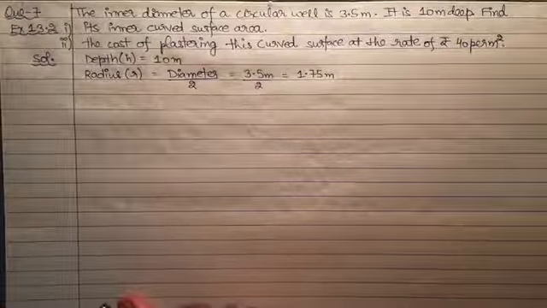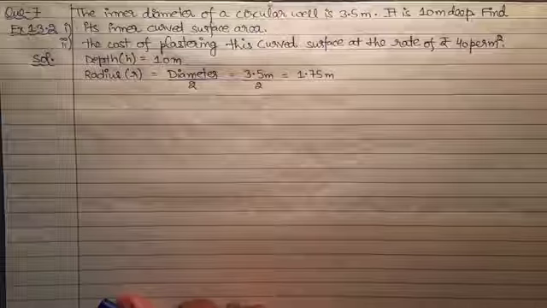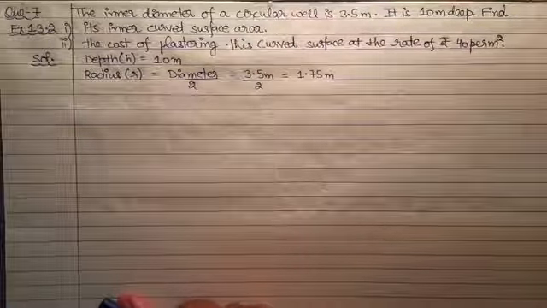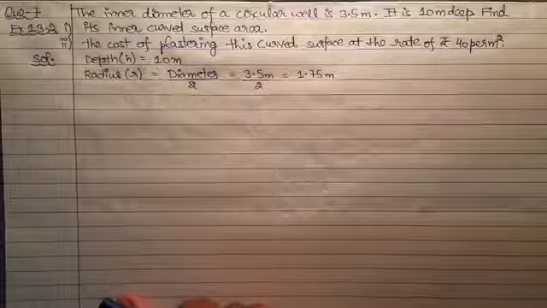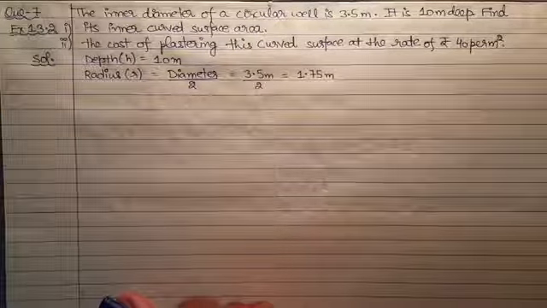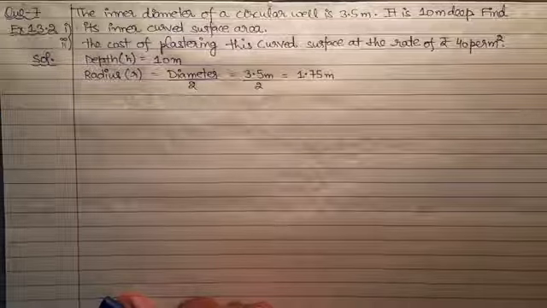Question number 7, exercise 13.2. The inner diameter of a circular well is 3.5 meter. It is 10 meter deep. Find first its inner curved surface area. Second, the cost of plastering this curved surface at the rate of rupees 40 per meter square.